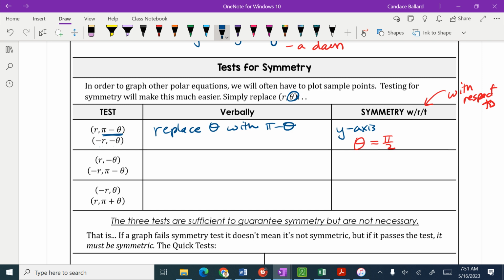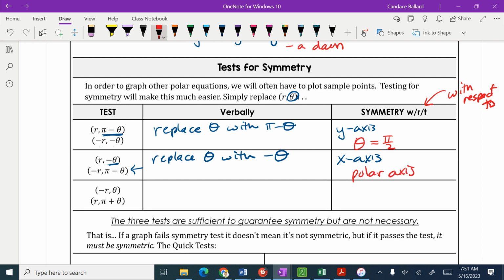If I happen to replace theta with just a negative theta, and I end up with something that looks like that, that's how we end up with x-axis or polar axis symmetry.